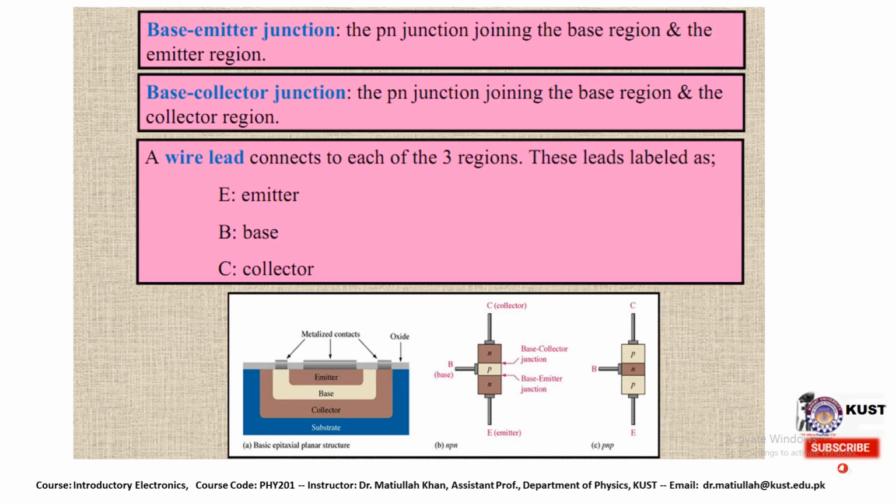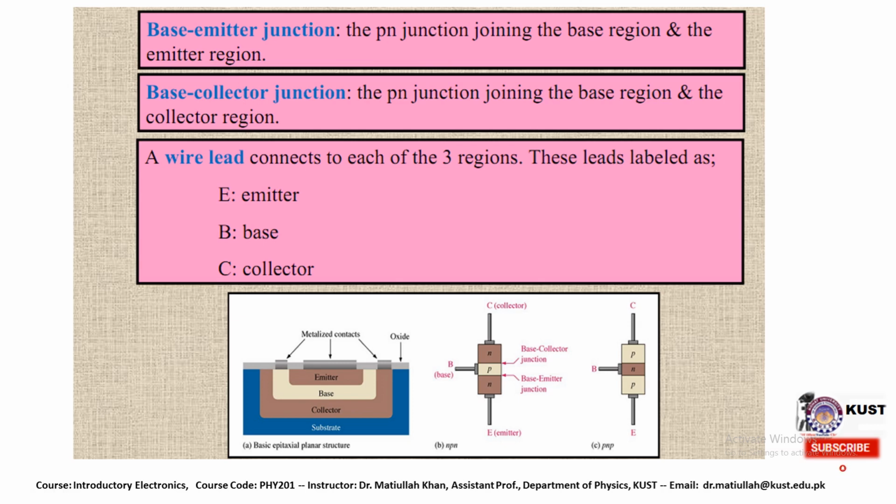We have different junctions in this type of transistor. Basically there are two junctions: one is called the emitter base junction, and the other is called the collector base junction. The PN junction joining the base region and the emitter region is called the base emitter junction, and similarly the PN junction joining the base region and the collector region is called the base collector junction.